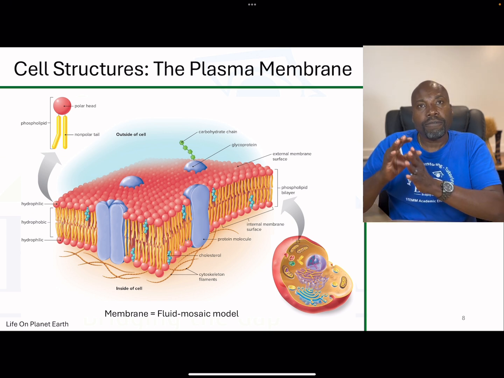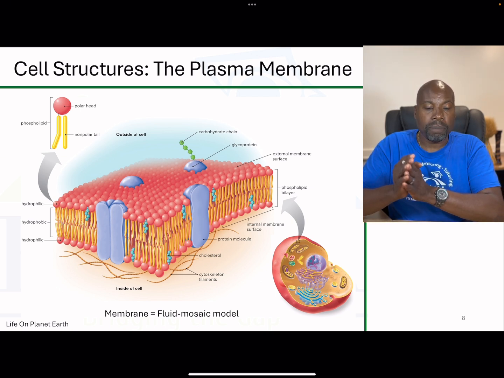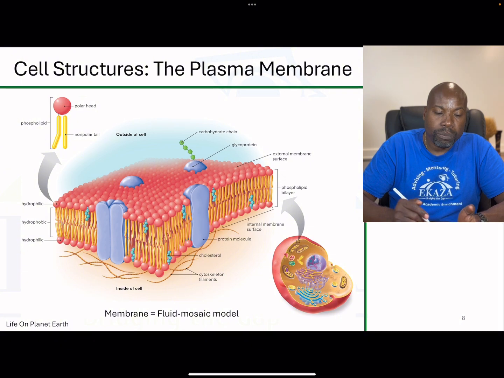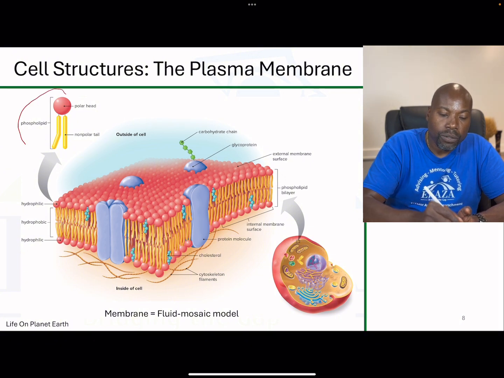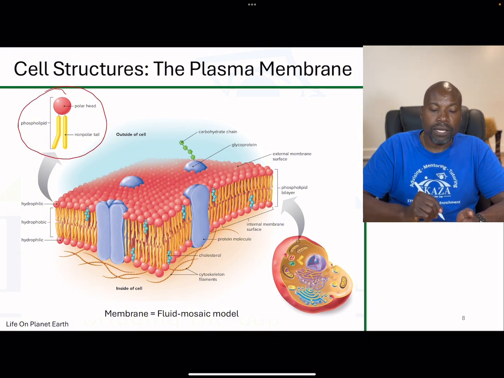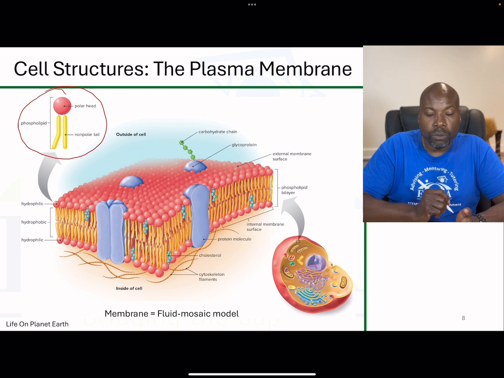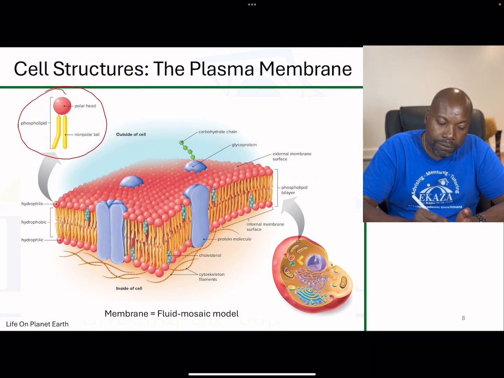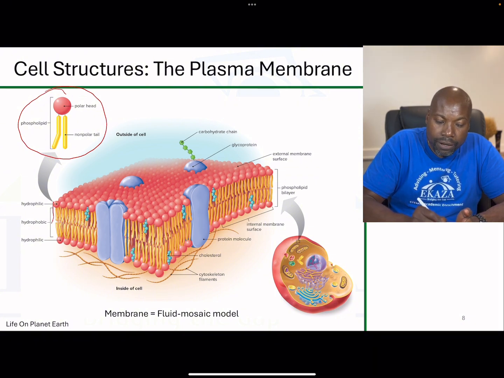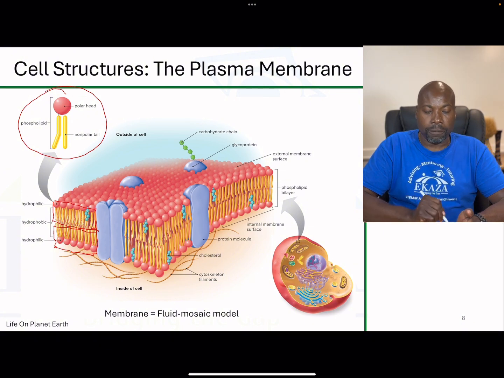Now, the different molecules that make up the plasma membranes are going to be the phospholipids. The phospholipids are going to be organized in such a way that they are going to form a bilayer, right? So we have one layer of phospholipid here, and we have another layer of phospholipid here.